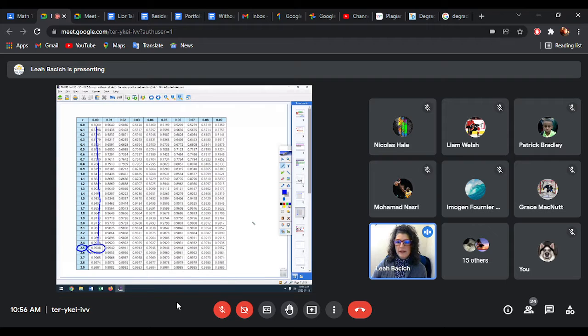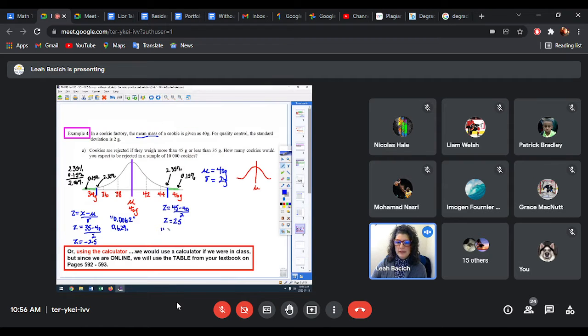So if I make a note of that guy, 0.9938. That's a lot bigger. Is to the left. So that's 99.38% of the data lies this way.